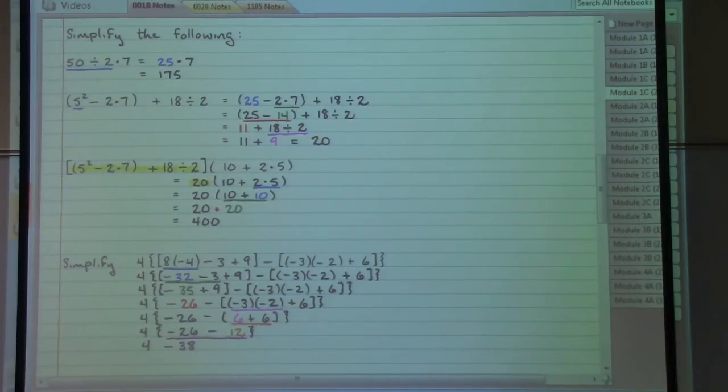We can get rid of the curvy brackets, but we would need to remember that we would be multiplying 4 times negative 38. So our final answer would be a negative, and the 4 times the 38 would actually give us 152. So final answer, negative 152.